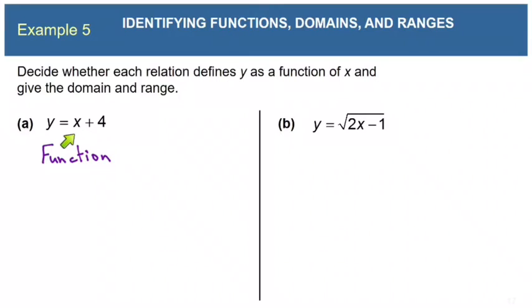This qualifies as a polynomial, and we know that the domain of any polynomial is negative infinity to positive infinity. Now for range, we need to think about what are the possible y values we could get from this. And we can produce any y value by plugging in whatever x value we want to.